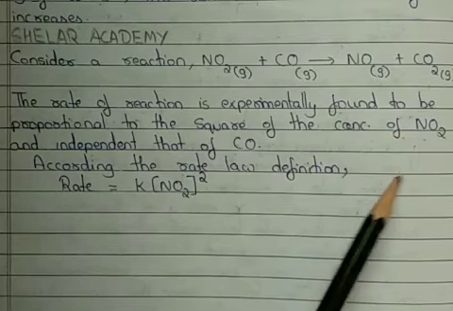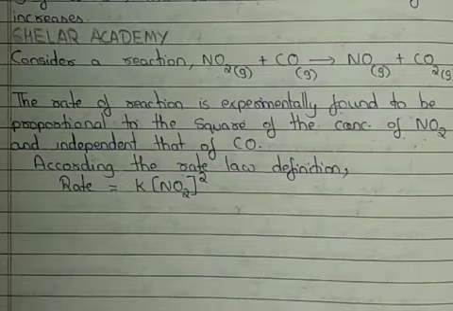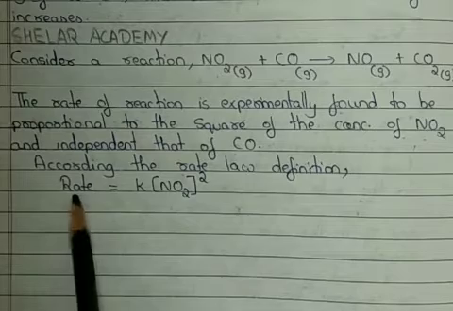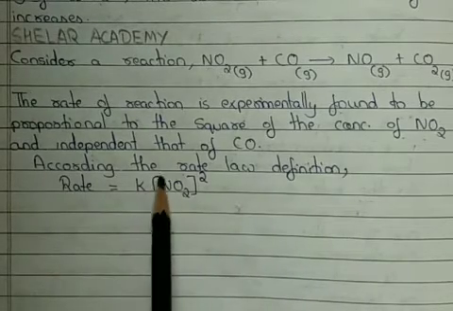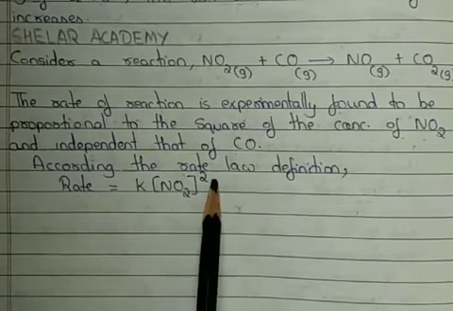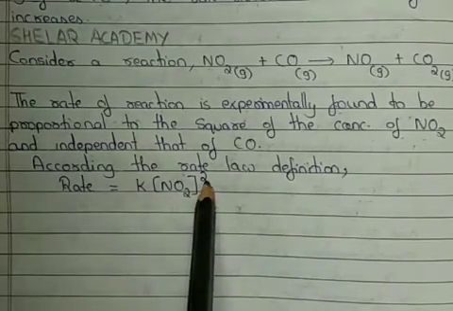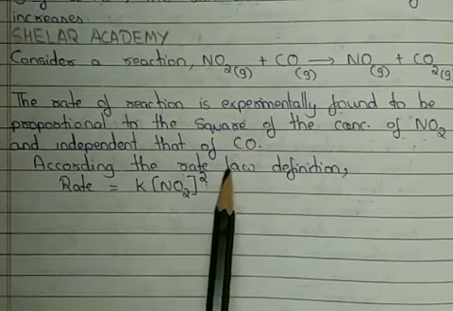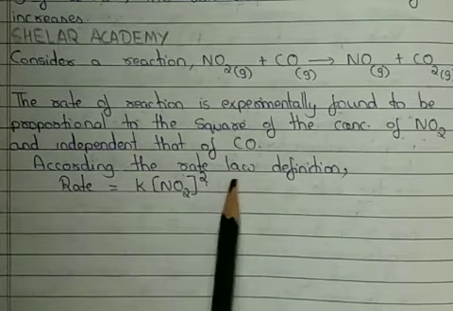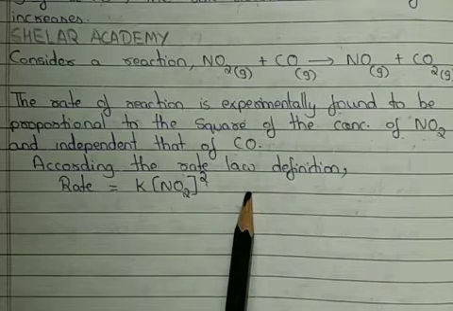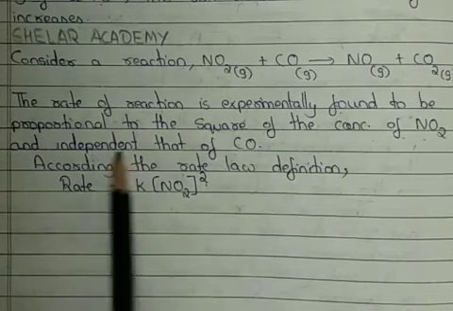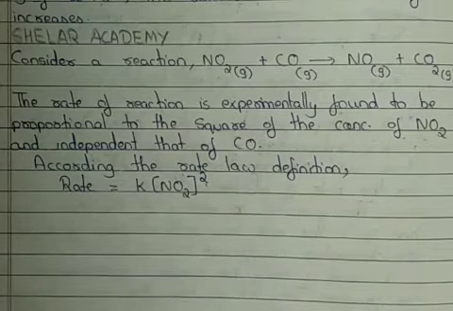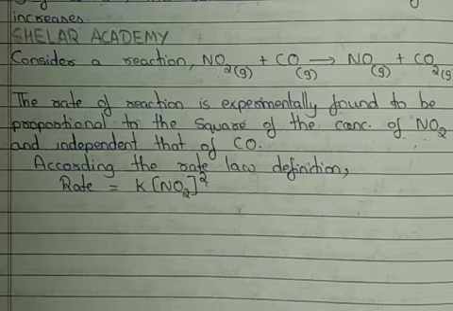It means if I want to write my rate equation based on the rate law, then it will be rate is equal to k, concentration of NO2 raised to the power 2. Why raised to the power 2? Because they have mentioned it is square. Then if I write the concentration of CO in this case, as they have mentioned it is independent, it will be raised to the power 0, and anything raised to the power 0 is 1.